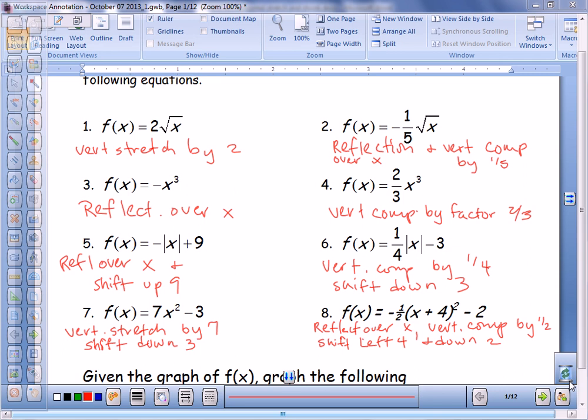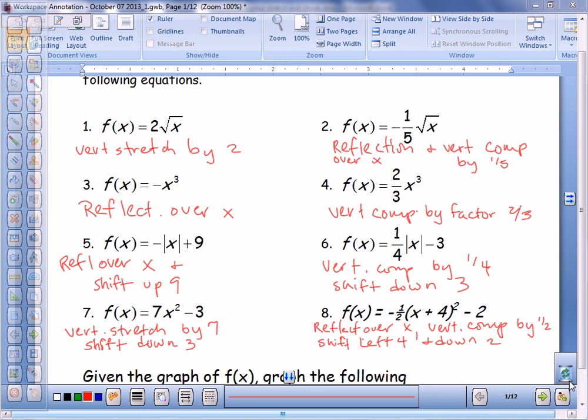If I vertically compress it, it compresses it this way and makes it wider. If I multiply by a number greater than 1, that causes the vertical stretch. If I multiply by a number between 0 and 1, that causes the vertical compression. Now, the negative, we actually say absolute value of that number because the negative just causes a reflection.